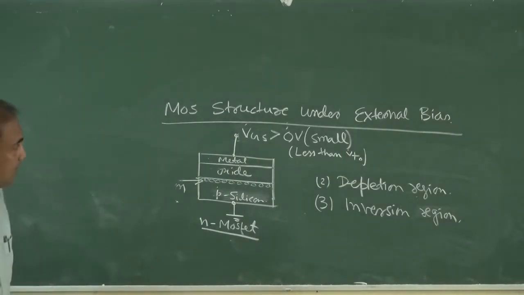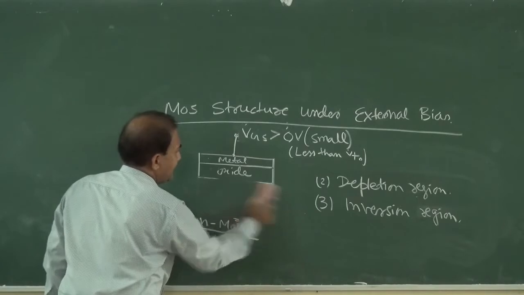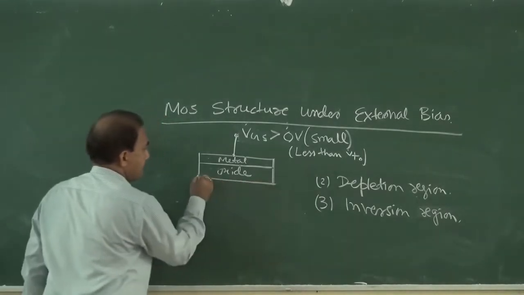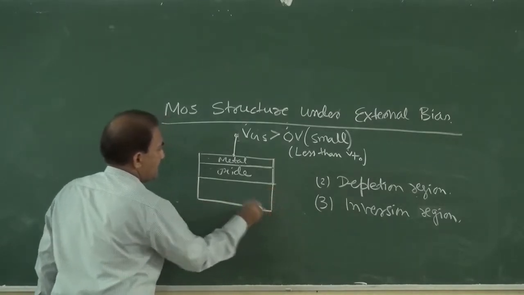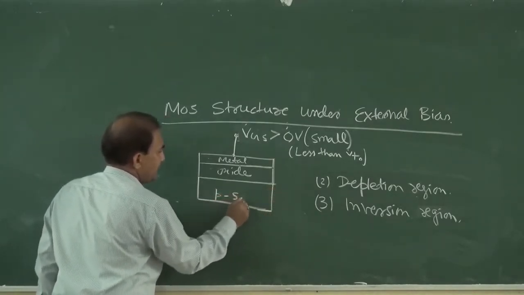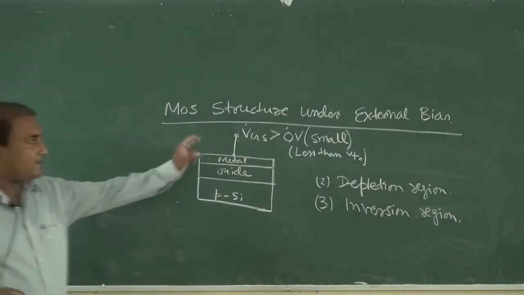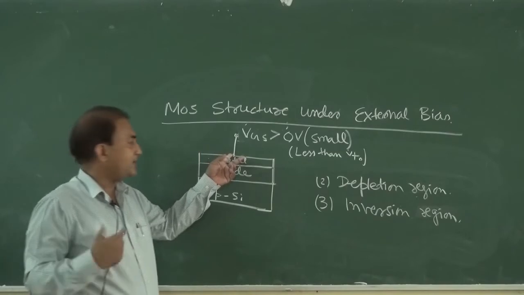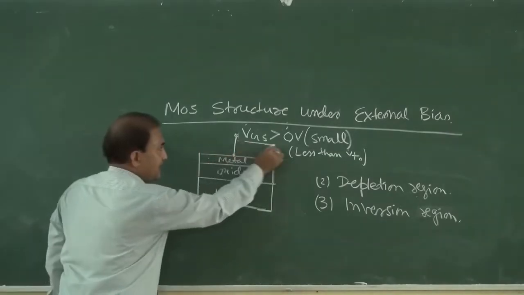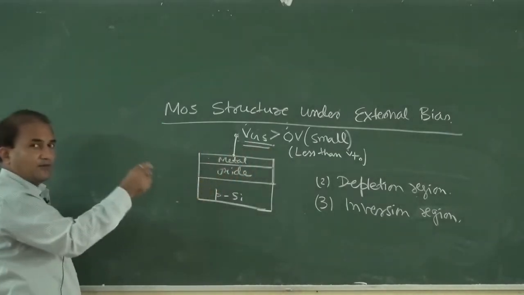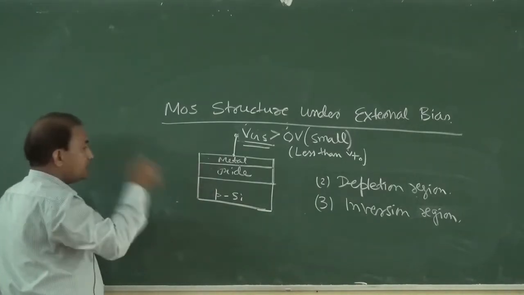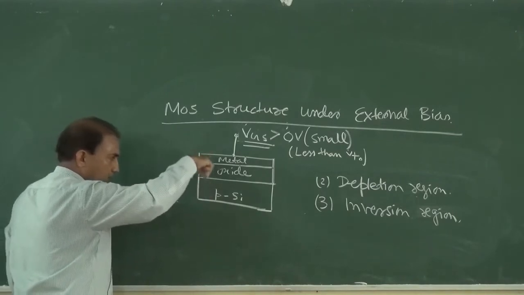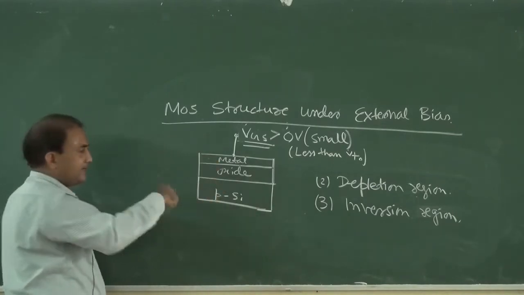So what will happen when we apply a positive gate voltage? You can see this is p-type silicon. If a small positive gate voltage is applied at the gate terminal, the holes will be repelled towards the substrate.